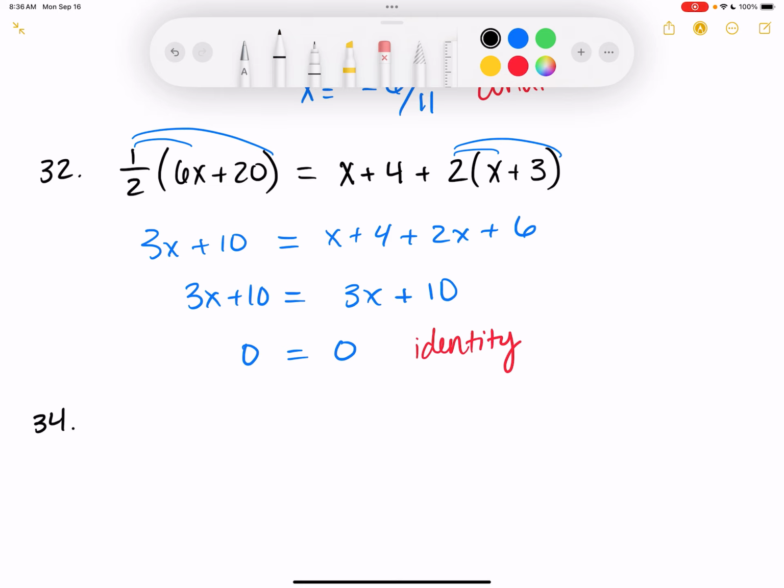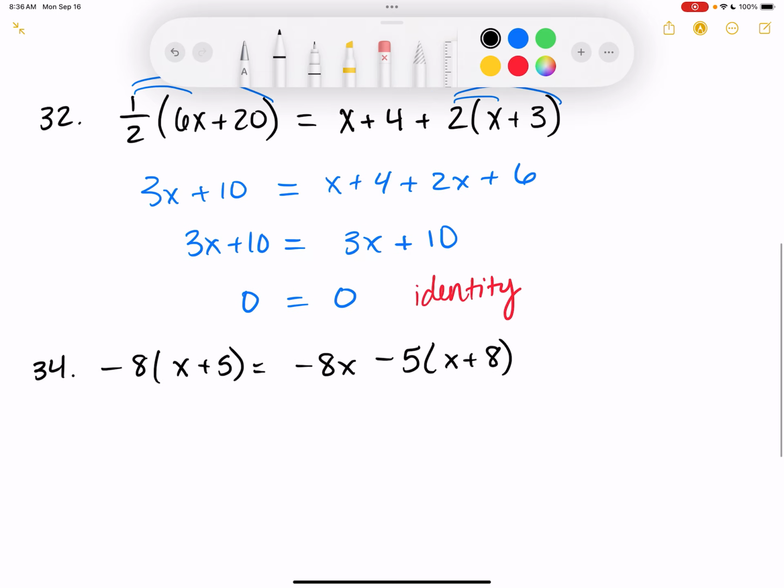34, negative 8 times x plus 5 equals negative 8x minus 5 times x plus 8. So distribute, I get negative 8x minus 40 equals negative 8x minus 5x minus 40.